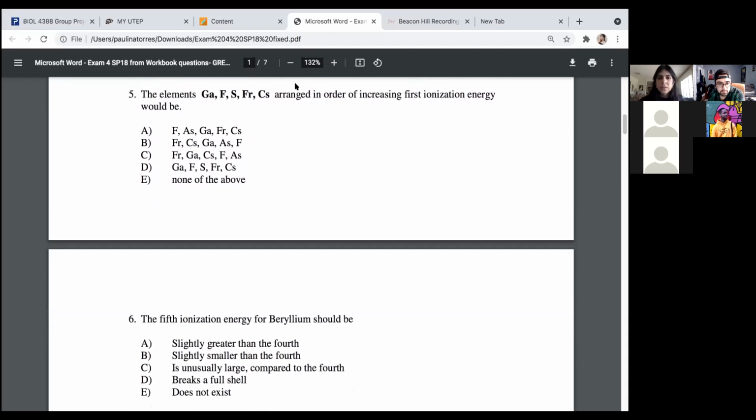Okay, so this one is talking about the elements gallium, fluorine, sulfur, francium, and cesium arranged in order of increasing first ionization energy. So this one is talking about ionization energy. Can anyone tell me what that is?